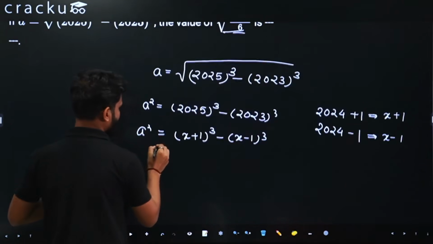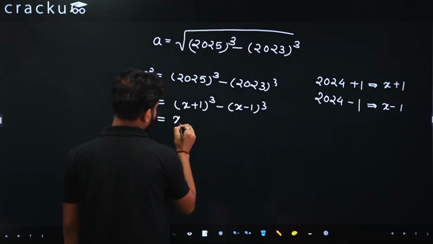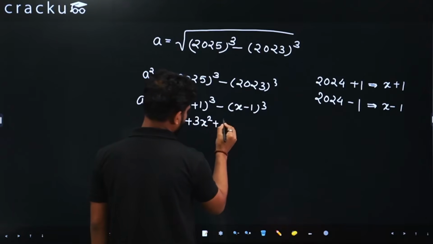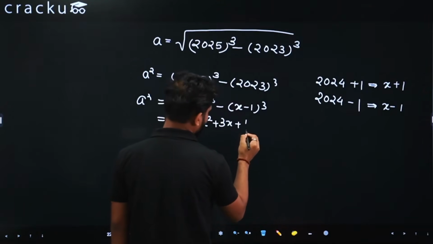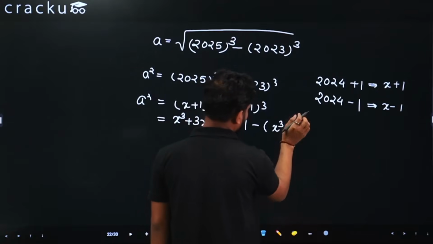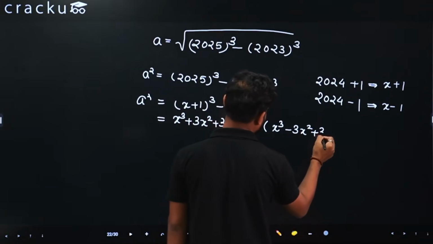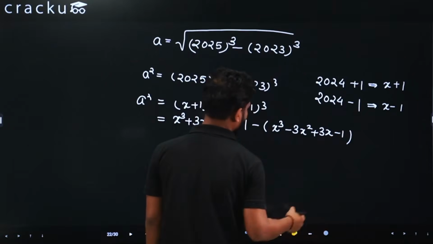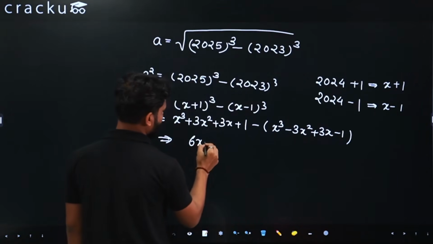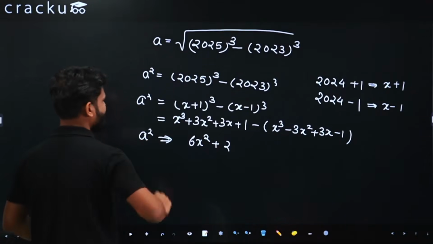This will give me x cube plus 3x square plus 3x plus 1 minus x cube minus 3x square plus 3x minus 1. This is nothing but 6x square plus 2, which is equal to A square.